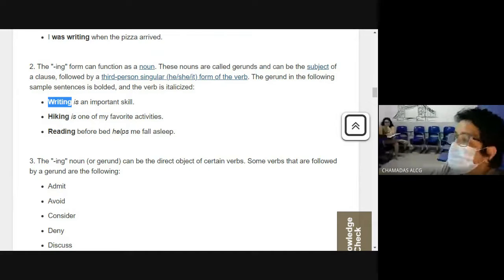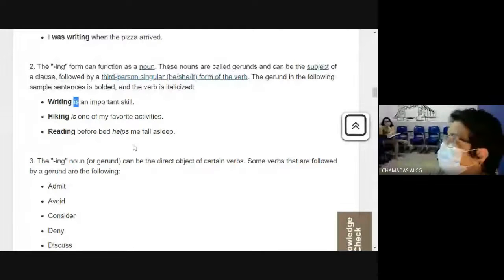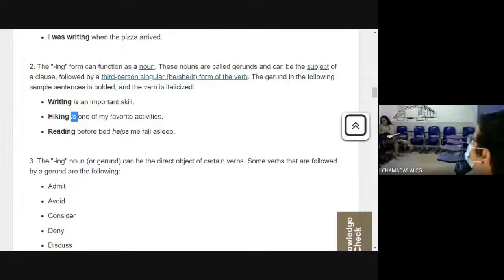So as you noticed, when I use a verb as a noun and as the subject of the sentence, the verb is always conjugated, if it's in the present simple, in the third person singular, like he, she, or it. Okay, guys? So whenever I use a verb as a noun and it's the subject of the sentence, the verb I use is in the third person singular form, right?